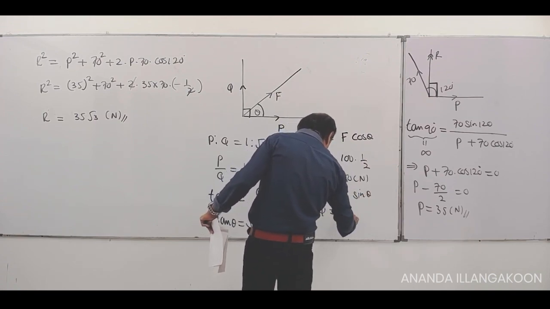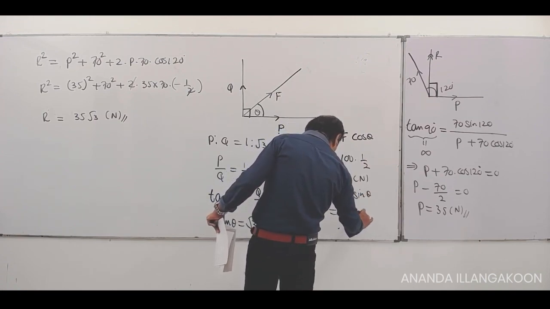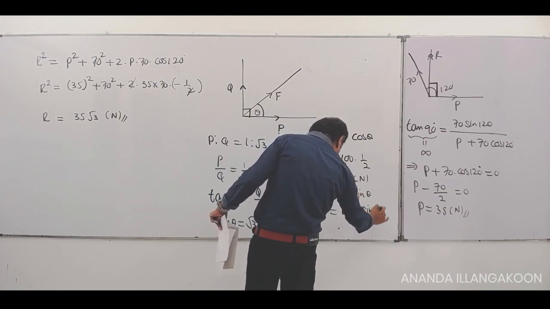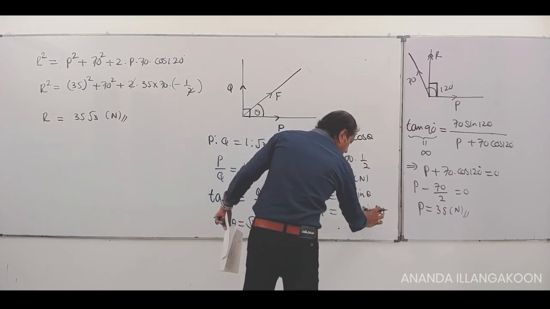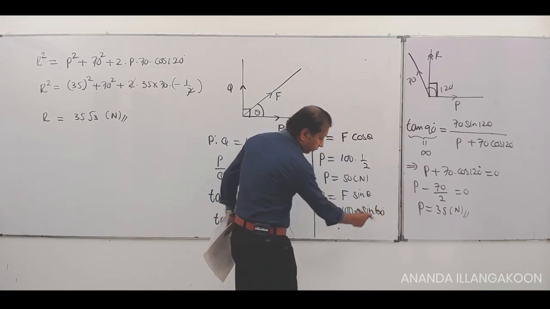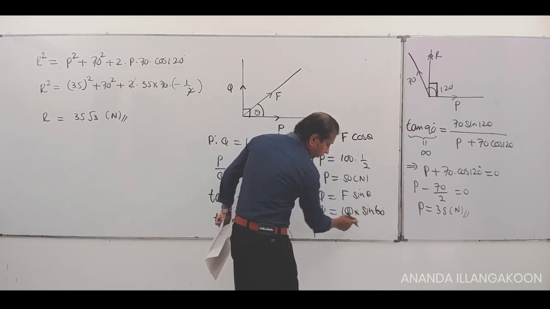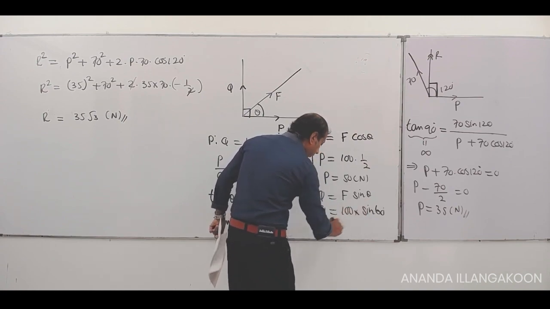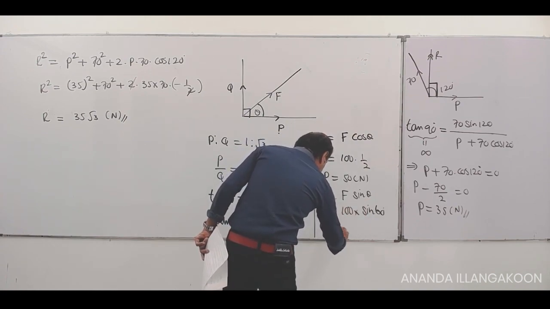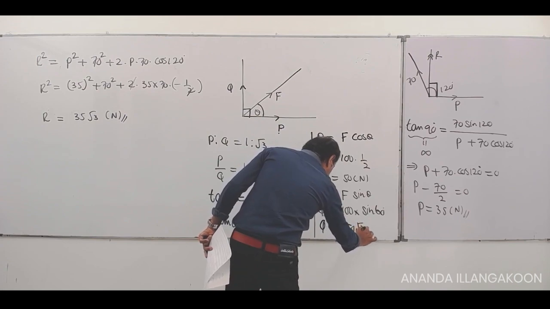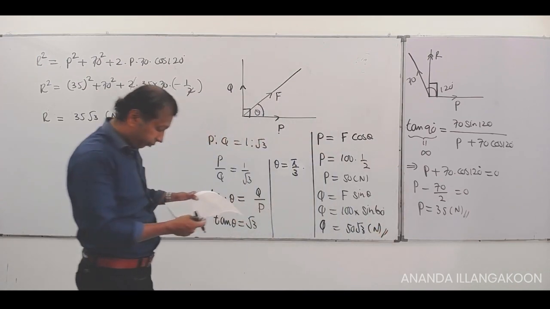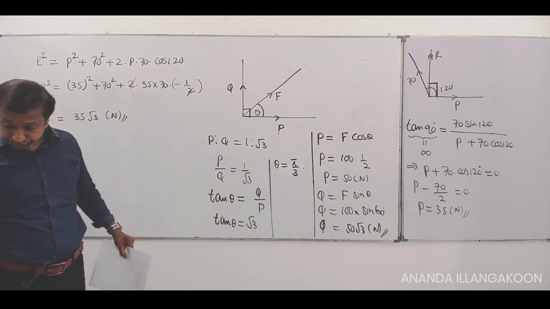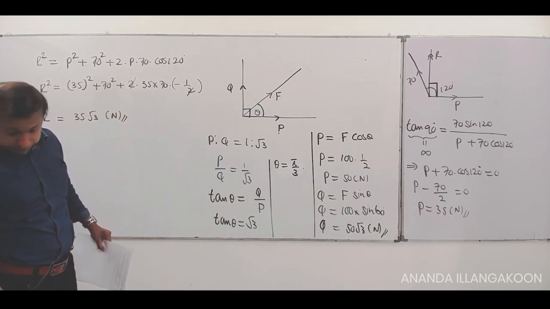F is 100, sin 60 is root 3 by 2, no? Root 3 by 2, 2 and 100, so 50 root 3 is the Q. Okay. The last question.